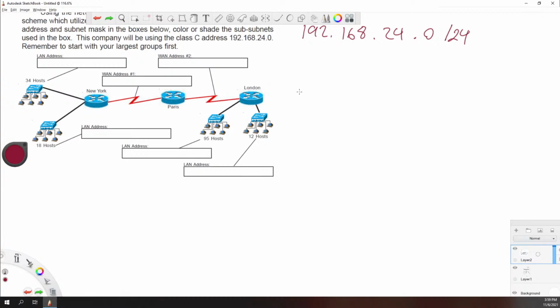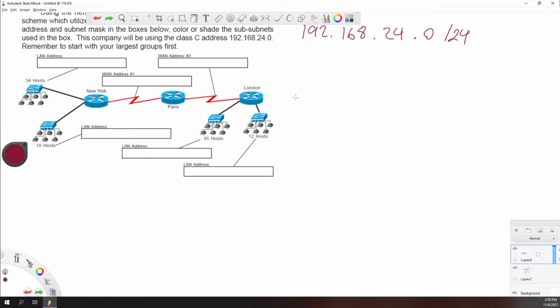Typically you want to start with the largest networks and then move down from there. In some cases, maybe you want to network one side and then the other side, so that you can deal with supernetting, but that's not really needed at the moment.